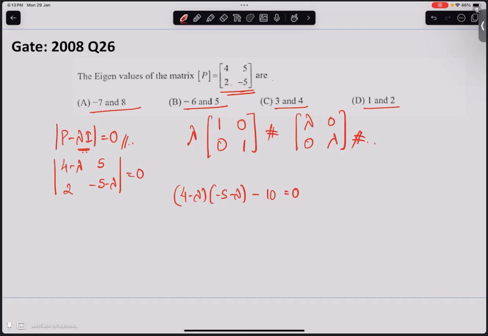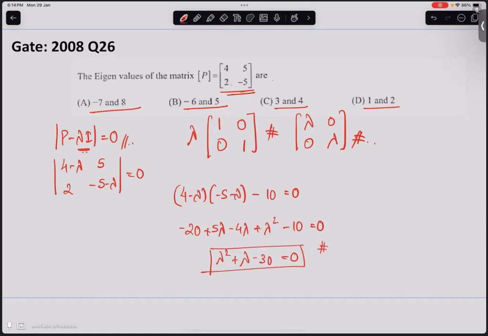So let's try to simplify this. We have -20 + 5λ - 4λ + λ² - 10 = 0. So λ² + λ - 30 = 0. So we can get the hint of what is going to be the answer, right? So λ² + 6λ - 5λ - 30 = 0, and the answer is λ can be either -6 or λ can be 5.